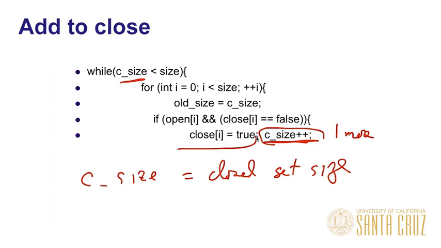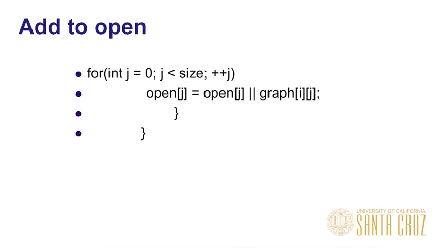The closed set has that element being true. And then we go and look for things in the open set. Anything that's already in the open set stays in the open set, or anything that's newly reachable.